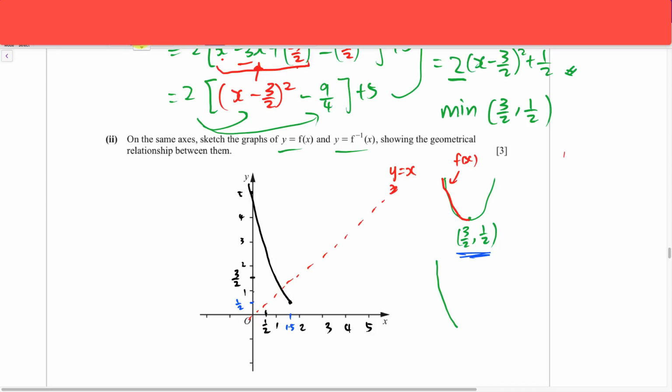And then the other one should be the reflection of this one. So the other one will be like this. It should cross at 1, 1 here. I mean, they should intersect on the line at 1, 1 here. Let me just draw it nicely a bit.